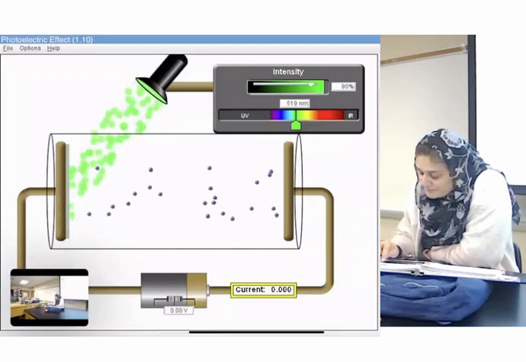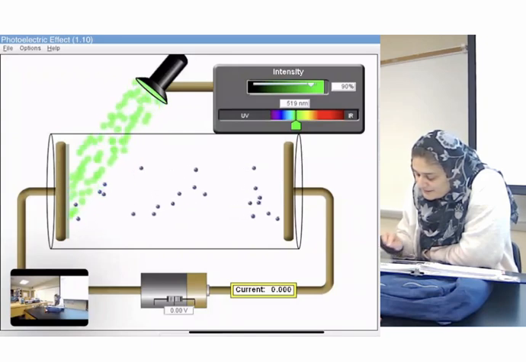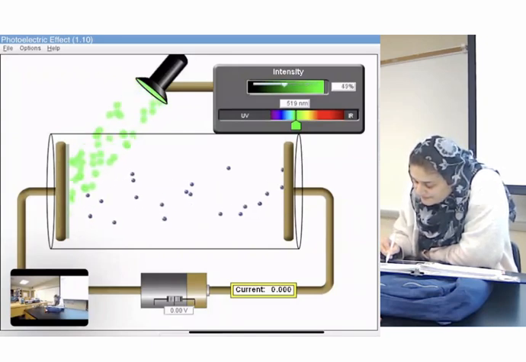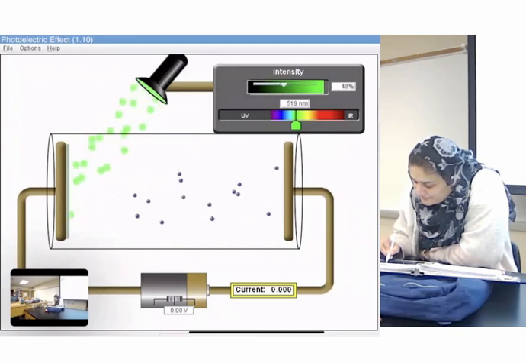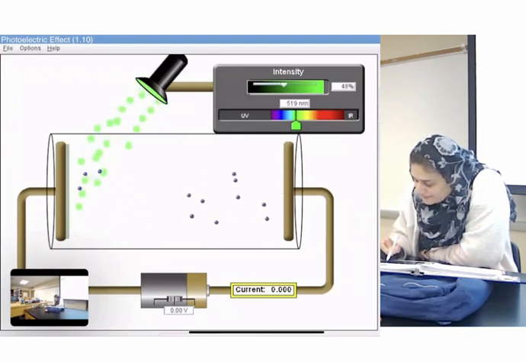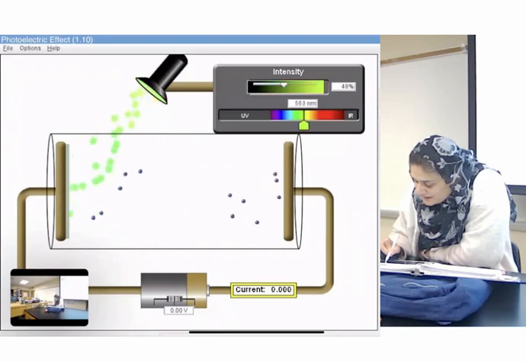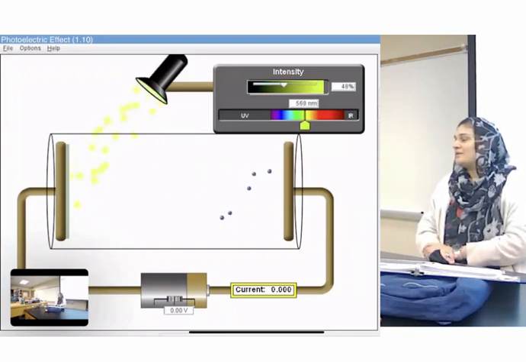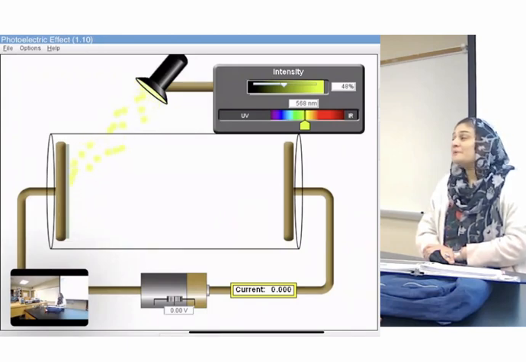So I'm going to make my intensity go back to 50% if I can. 50%-ish. And if I change this back to, say, yellow, nothing's happening. That's weird.